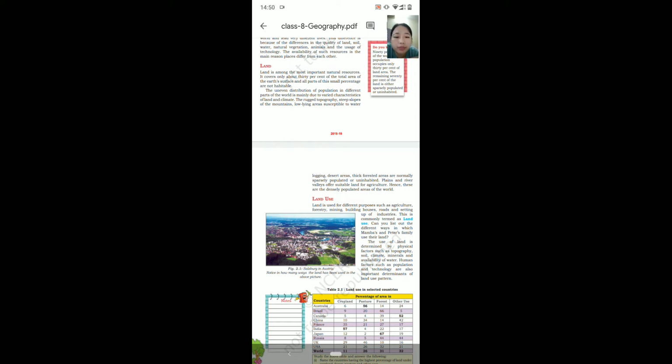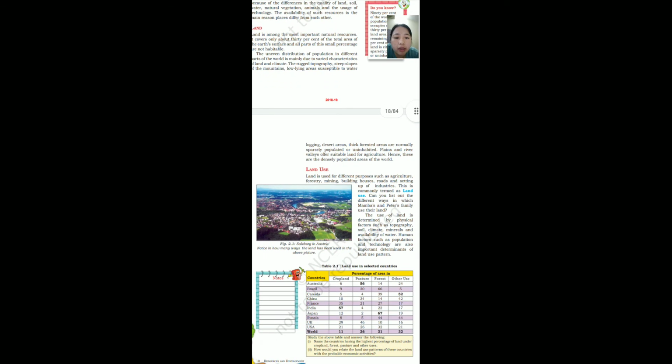Desert areas, you know how it is. And thick forested areas, for instance the Amazon forest. You may get many natural resources to consume and even construct a home, but it's very risky to stay over there.